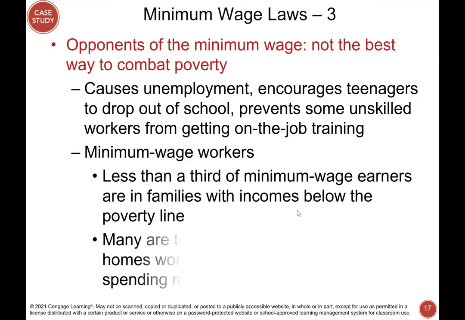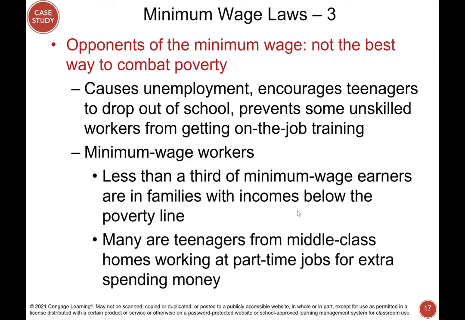What about opponents? What is the view of opponents of the minimum wage? They say it is not the best way to combat poverty. They state that it causes unemployment, encourages teenagers to drop out of school, and prevents some unskilled workers from getting on-the-job training.